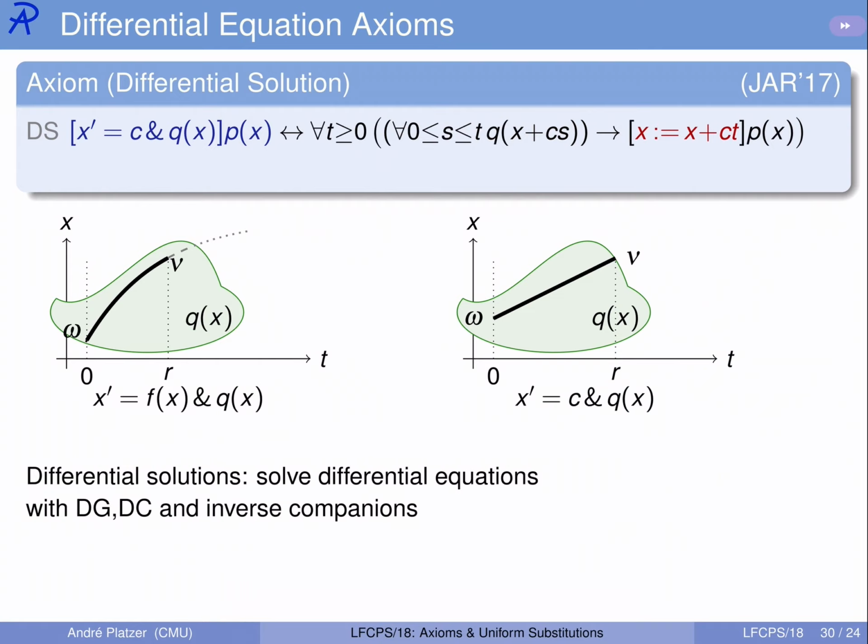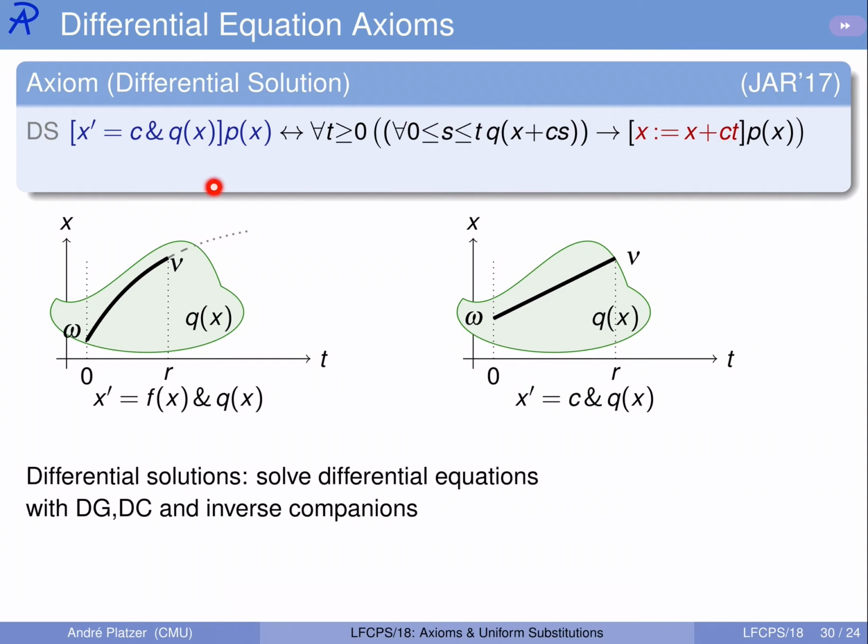In that case, we're following a very easy differential equation with a constant slope. We don't know what the slope is, but it's going to be a constant function symbol c with no arguments. And in that case, the solution is exactly to take the old initial value of x and add the constant multiplied with time to that.